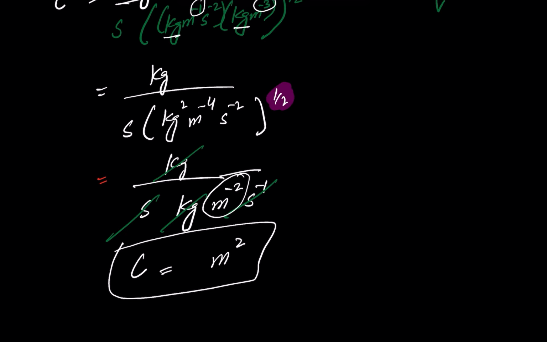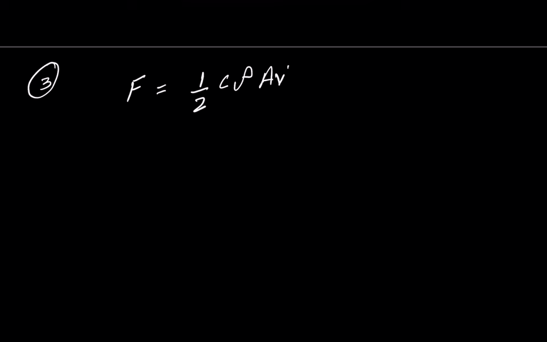Okay, let's discuss with the help of the next example, example 3. Let's suppose we have a relation f is equals to 1 over 2 c density a v square. Let's define them.